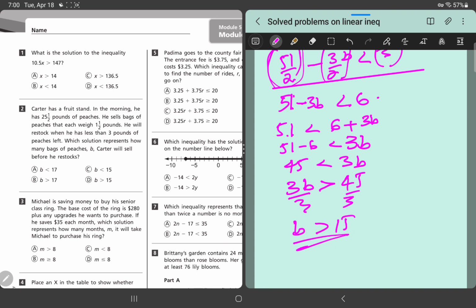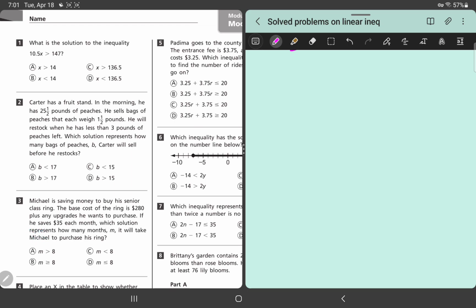That's the solution. The next question is, Mikhail is saving money to buy his senior class ring. The basic cost of the ring is $280 plus any upgrade he wants to purchase.